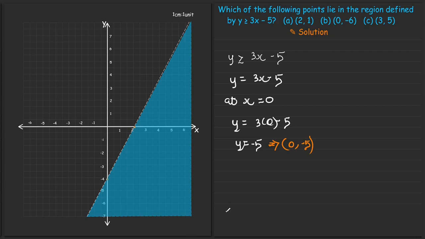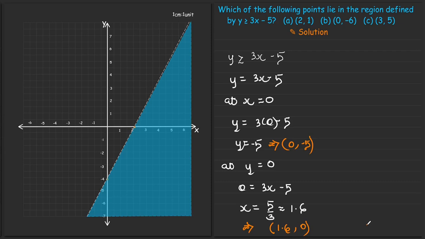Then at y equals 0, we have 0 is equal to 3x minus 5. Making x the subject, we get 5 over 3, which is simply 1.6. So the coordinate we are getting is x is 1.6 and y is 0.